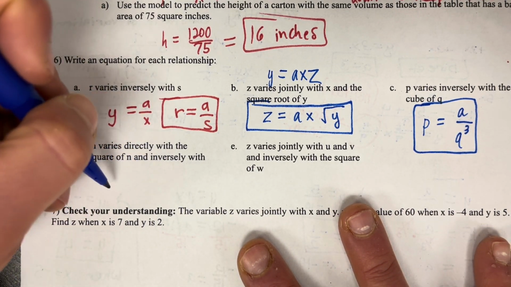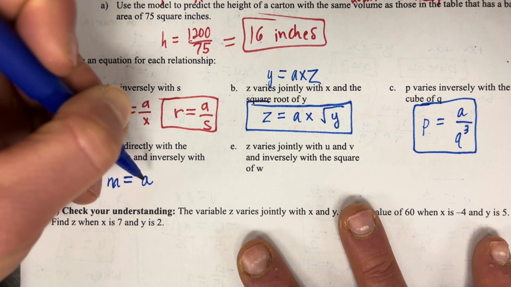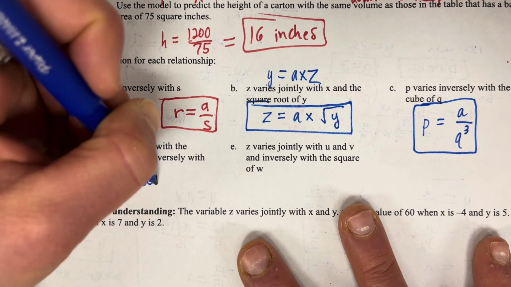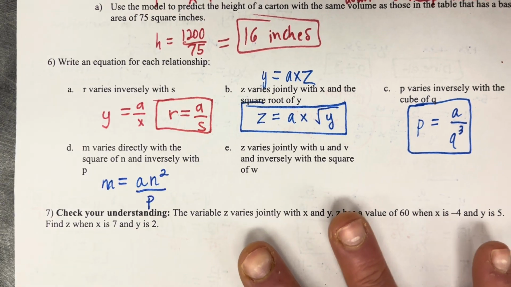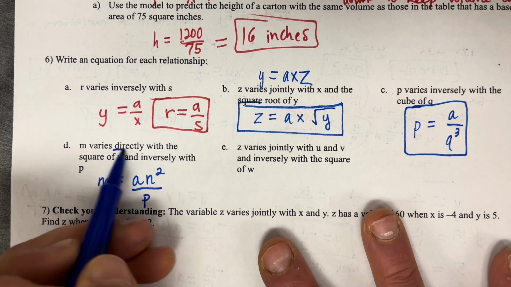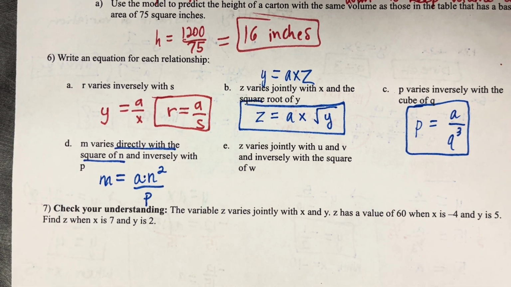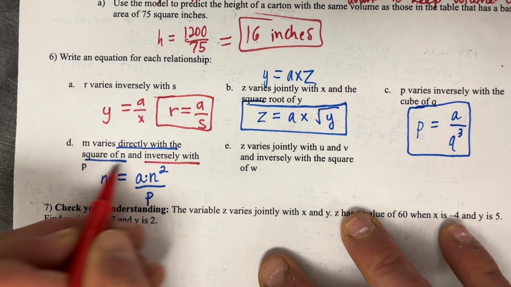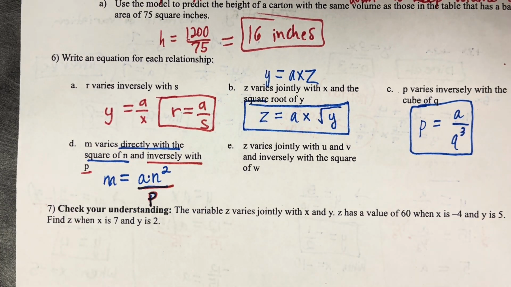Try it on your own again. So this one's a little funky because they said directly with the square of n, so that one has to go on top. And then inversely with p, that means that one's going to be divided. That'll go on the bottom.